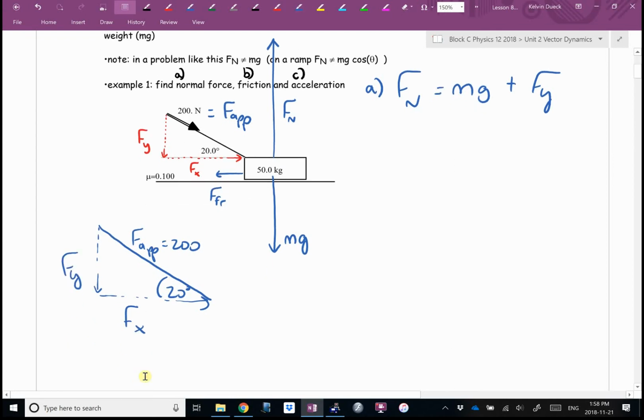Hannah, that F applied, that 200, is it opposite, adjacent, or hypotenuse? What about Fy? Fx. Okay. Fy, I would use that. Which trig function has an O and an H in it? Sine?